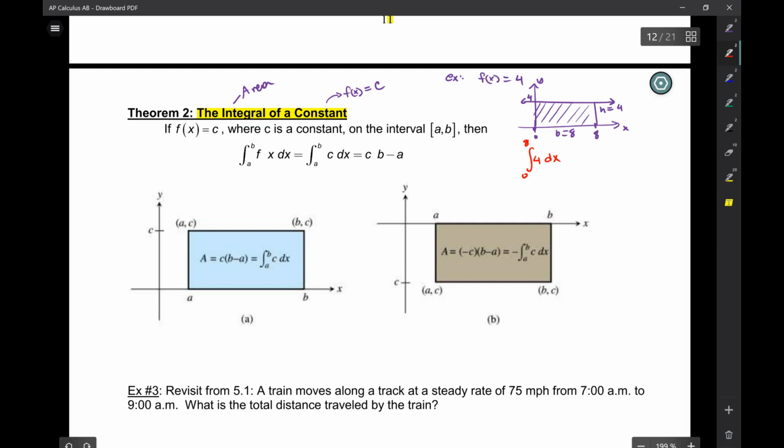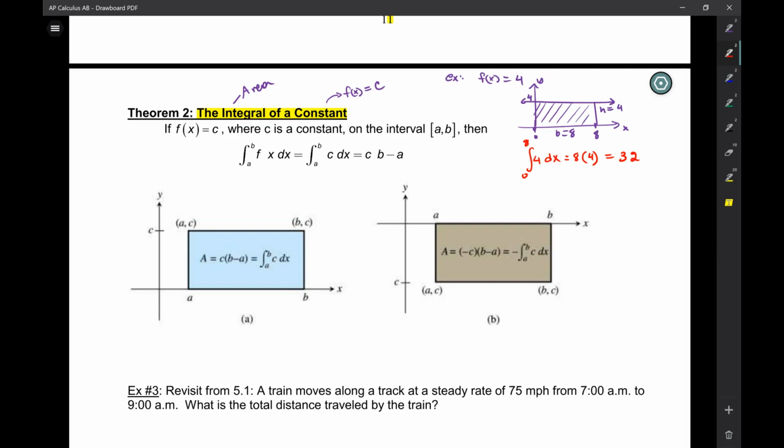That tells me find the area of this thing created from 0 to 8 of y equals 4. Okay, and I say, that has a base of 8 and that has a height of 4, so that must be 32.